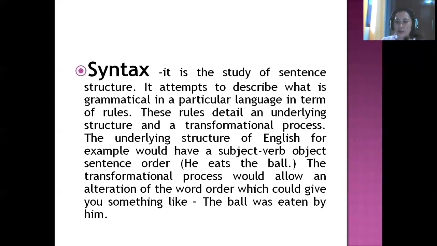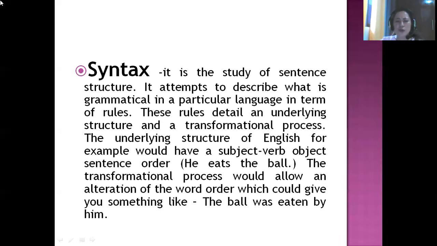So the verb is eats, then the ball is another noun phrase, no? This serves as the direct object of the verb eats.